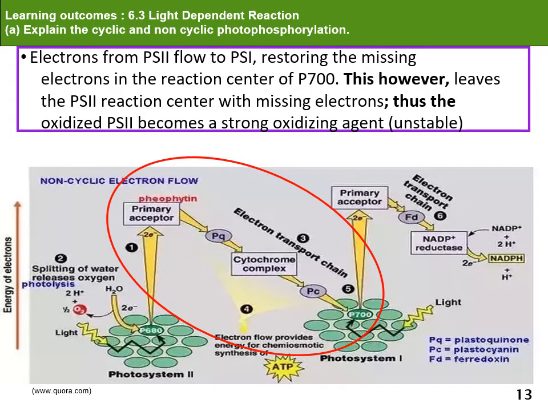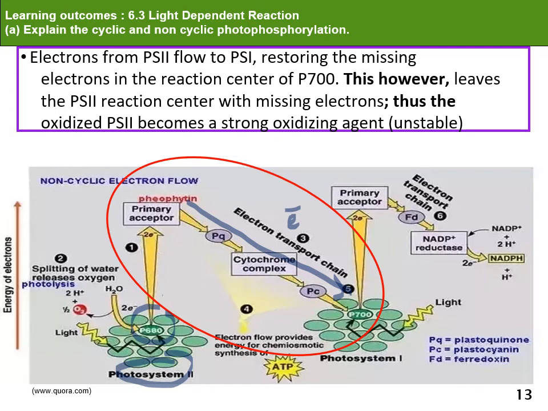So electrons from photosystem 2 will flow to photosystem 1. After going through the electron transport chain, they flow to the photosystem 1 reaction center P700, restoring the missing electrons in the reaction center of P700. However, this leaves the photosystem 2 reaction center with missing electrons.